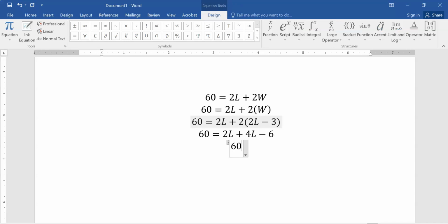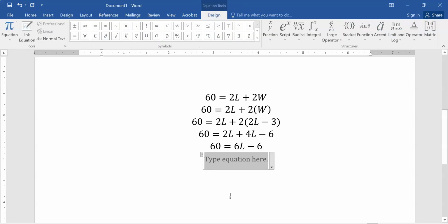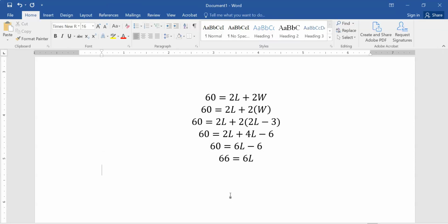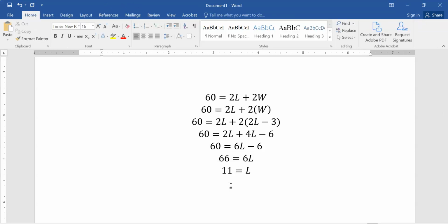Combine like terms: 60 equals 6L minus 6. Then I do my normal getting all the constant terms over to one side, so we're going to add 6 to both sides. 66 equals 6L. Then divide by that coefficient of L, divide by 6. You get 11 is equal to L.